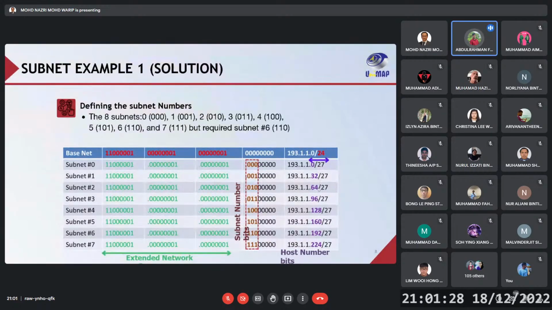Now remember, let's take subnet number 2. We start from 193.1.1.64 until 96. How many IP addresses do we have from 64 to 96?